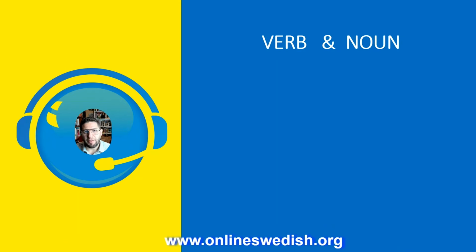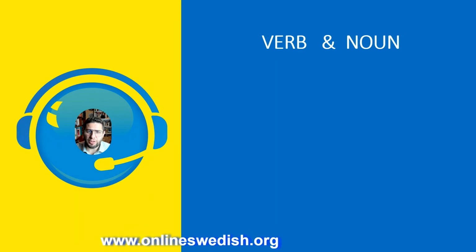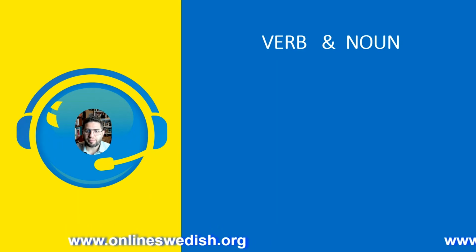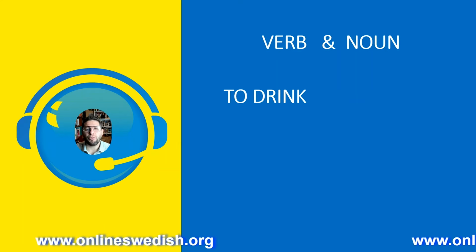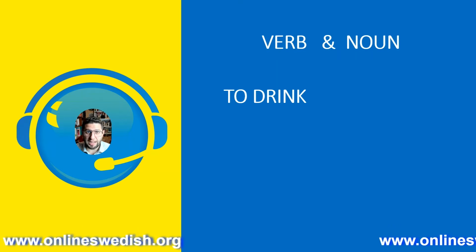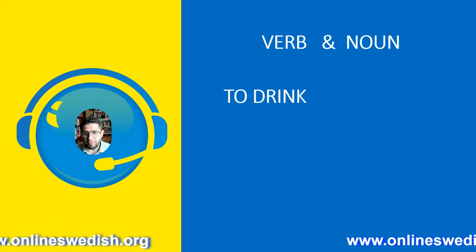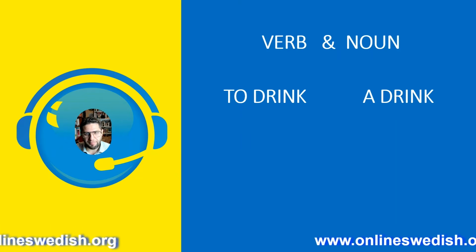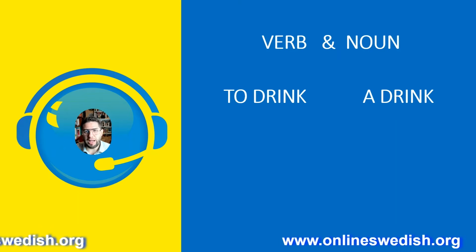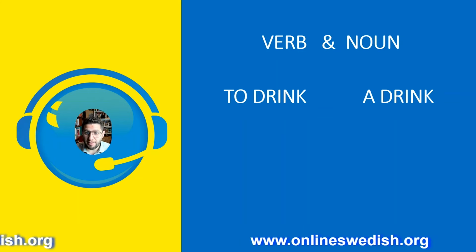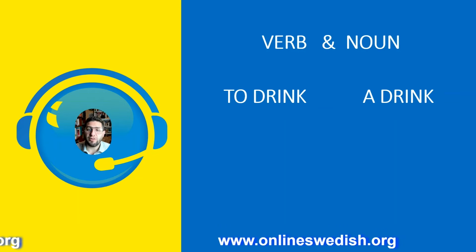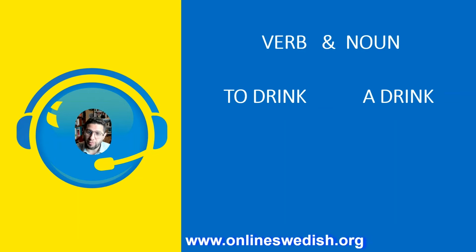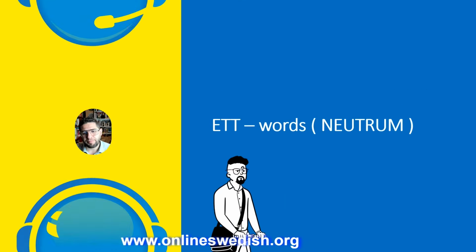It can be physical items or imaginary items, but you get the idea, it's a noun. So, for example, when you have the action itself, to drink, versus a drink. So we have verb and we have noun. And yet the nouns that derive from the action, from the verbs, in Swedish tend to be ett words.